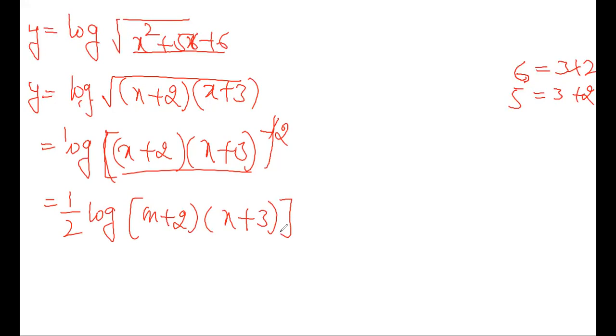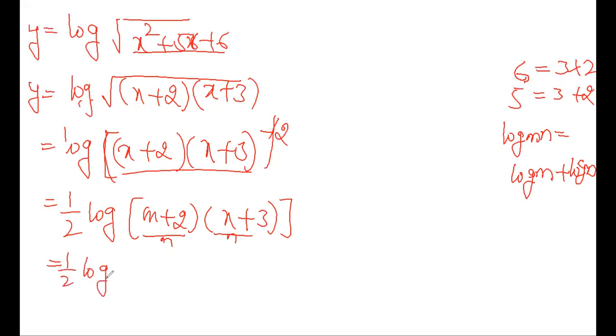After that you separate this: log of m into n means log m plus log n. Applying log of m into n, this gives 1 by 2 times log of x plus 2 plus log of x plus 3.